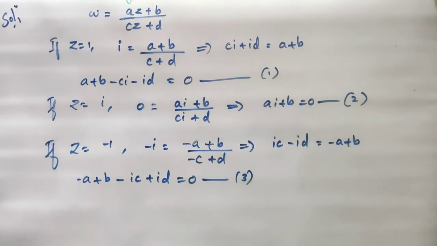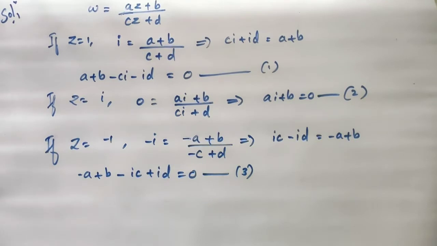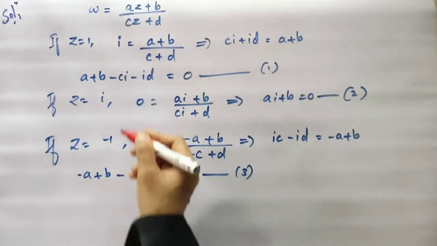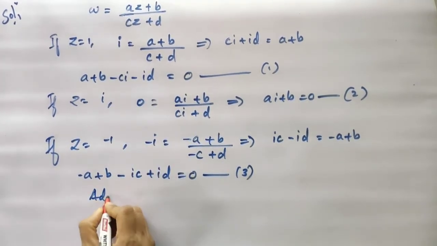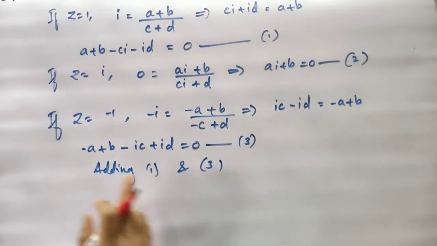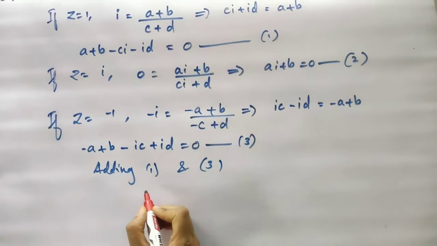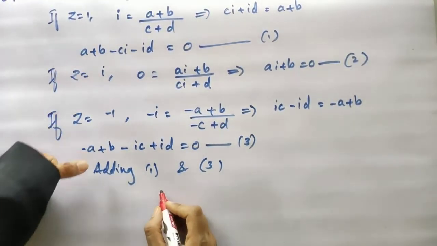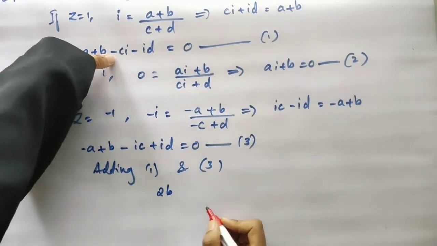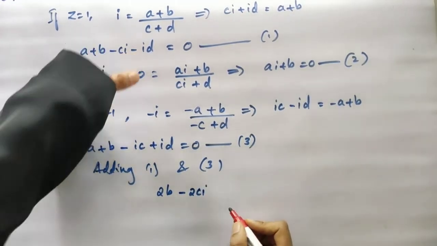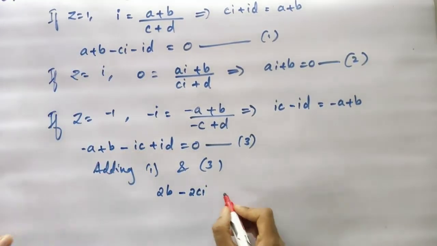What I will do is consider equations 1 and 3, where all 4 constants appear, and try to simplify. If I add the 2 equations, adding equations 1 and 3, you have a minus a, which is 0, plus b plus b, which is 2b, minus ci minus ci, which is minus 2ci, and minus id plus id, which is again 0.